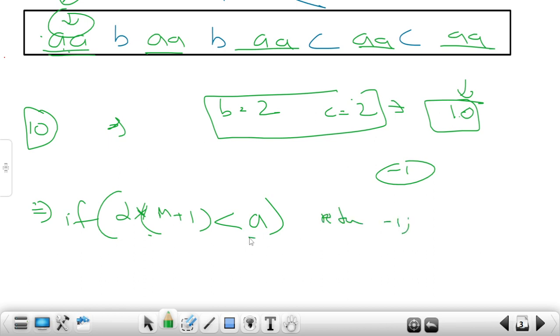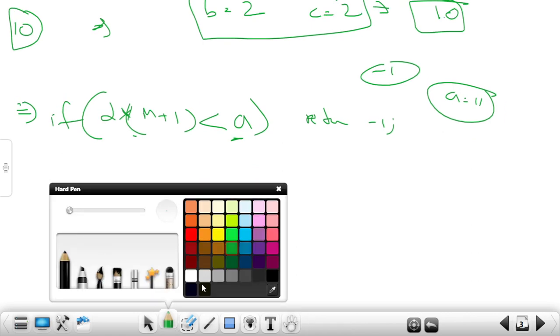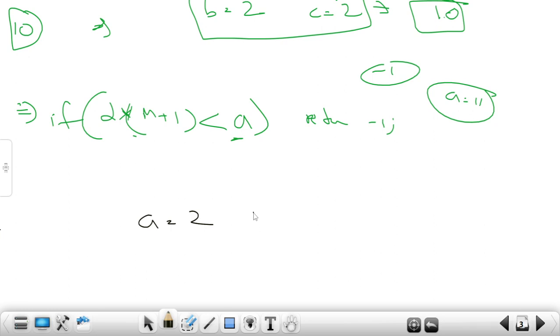But this is the case for a, since I was having a maximum number of times. I can also have an example like this: a equals 2, b equals 11, and c equals 2 again. Now for this example I have to change the condition.